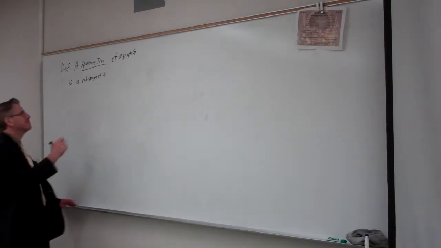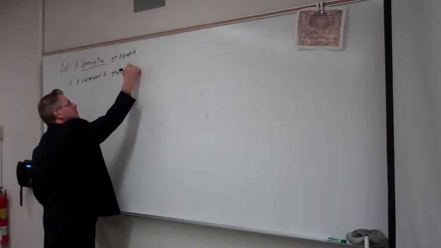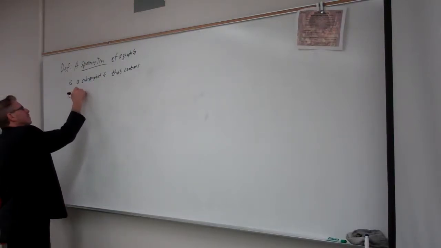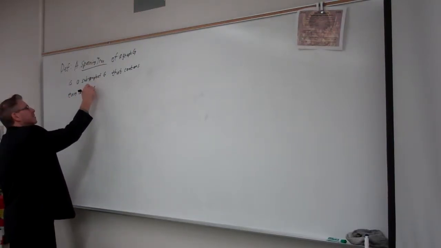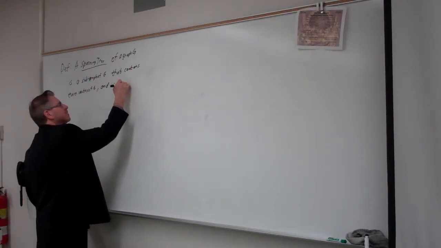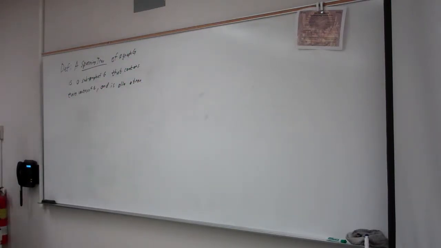It's a subgraph of G that contains every vertex of G, and is also a tree. So it has a root and it has no loops, and it's connected.